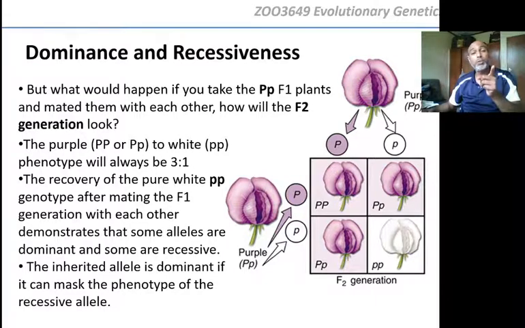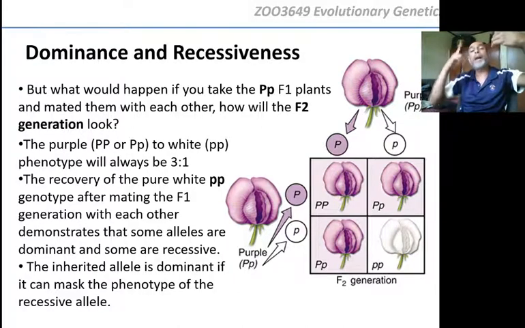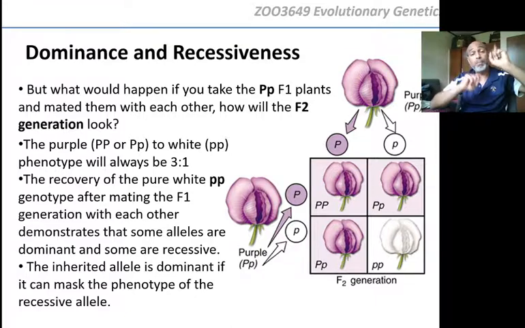So if you have an allele which is dominant, it creates so much gene product that it's enough to make up for the recessive mutant, which is not making the gene product. Okay? So big P is the gene that's making the gene product, and small p is the gene that's not making the purple product. Okay? So what happens? Why is the flower still purple? Because the big P makes so much of the purple color that it masks over the non-color of the white, because white is not making any color at all.